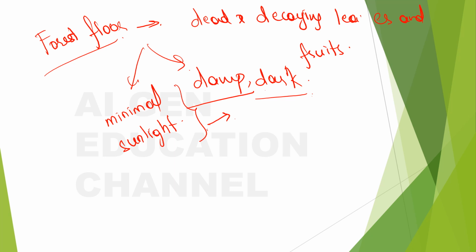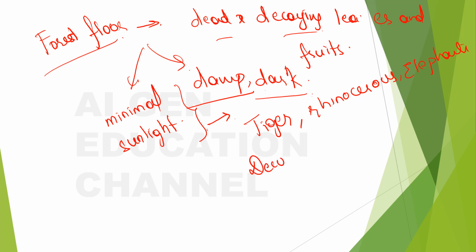So what are the animals? You can find many large mammals like tiger, rhinoceros, elephants, and as you have dead and decaying leaves and materials, you will automatically find some decomposers like bacteria, fungi, etc. Okay, so this is about the forest floor.